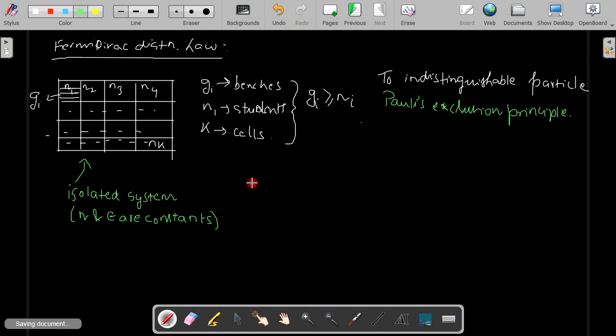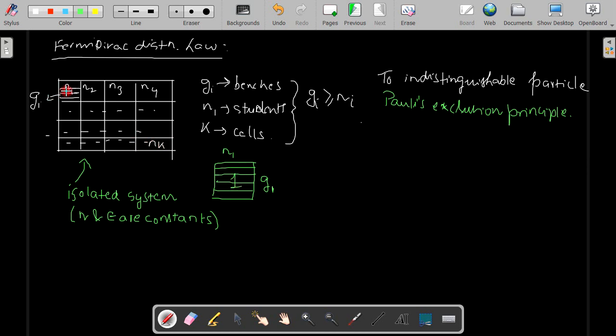As I said, if I consider just one classroom in which I want to arrange n1 number of students, there are g1 number of cells, or let's say g1 number of benches. This is number 1, and it will go up to k.